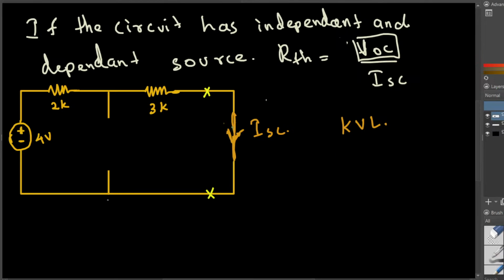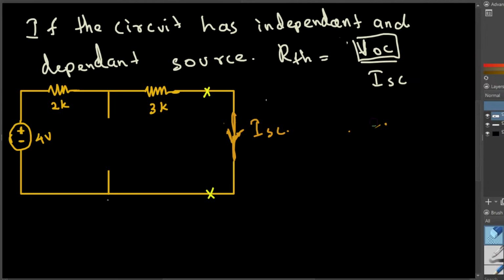And since this is the current in series, the current is going to be same all over the places. So that makes this one a little bit easier. I don't even need to do KVL because I can directly find it, because this is a resistor in series.